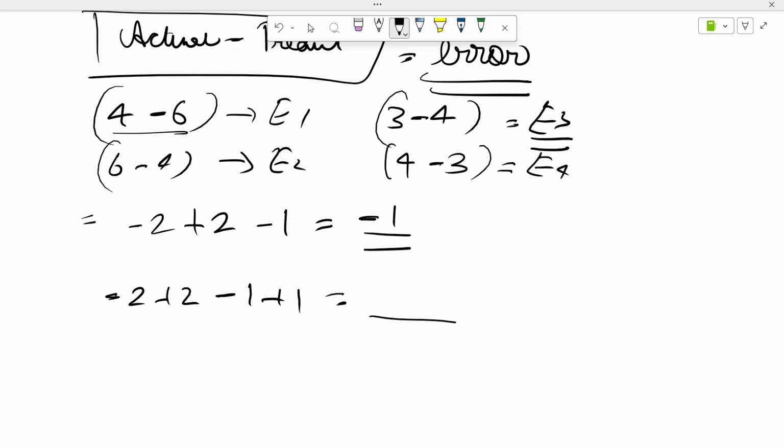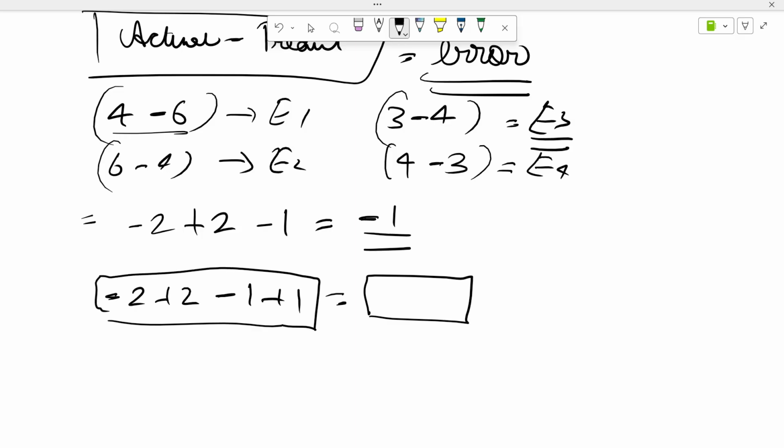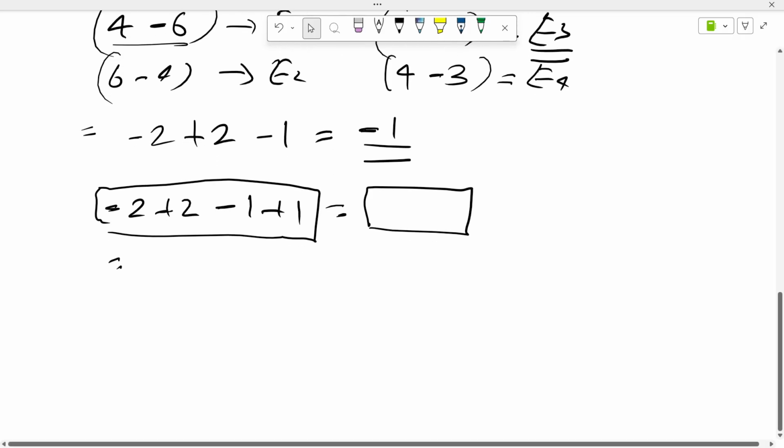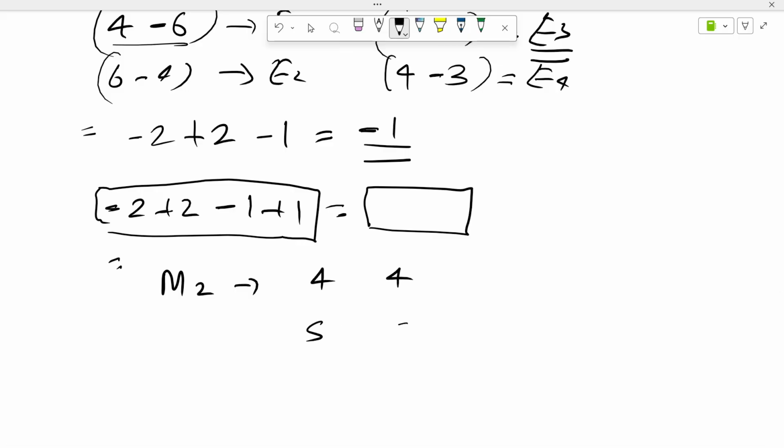Are you able to see something weird, something which should not be? With subtracting actual value minus predicted value, the negative values are cancelling with the positive values. So overall the interpretation will go wrong. For example, if your model M2 says the actual value is 4, predicted 4, actual value is 5, predicted 5, actual value is 6, predicted 6.